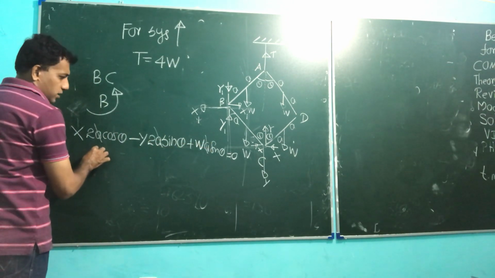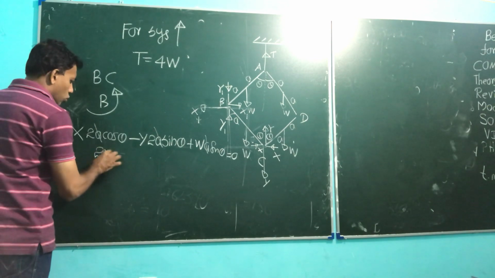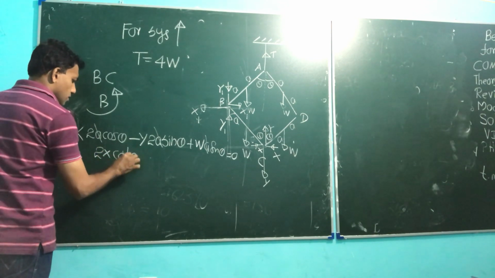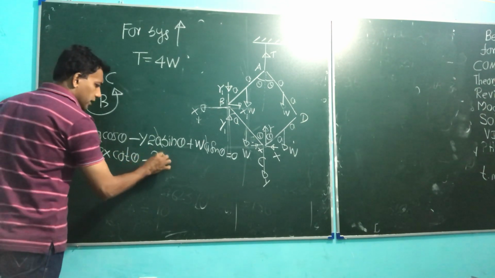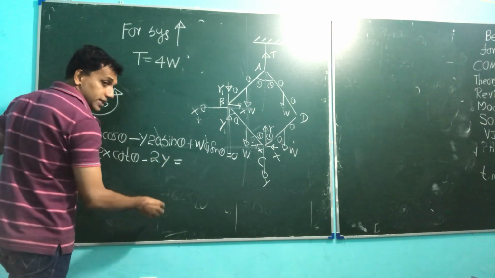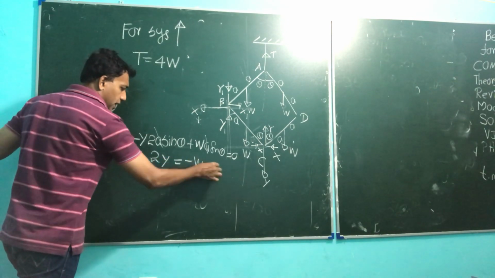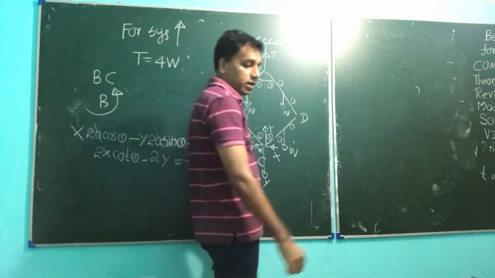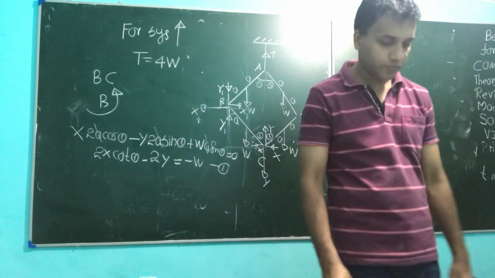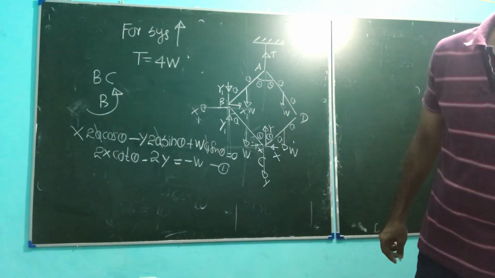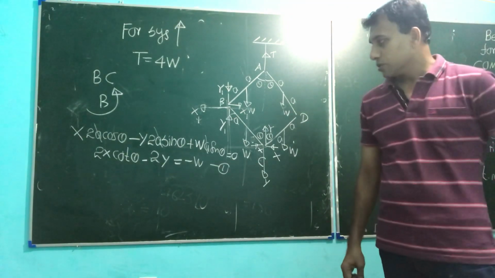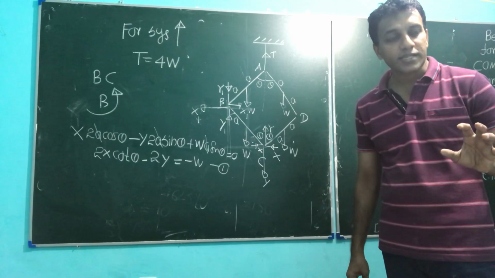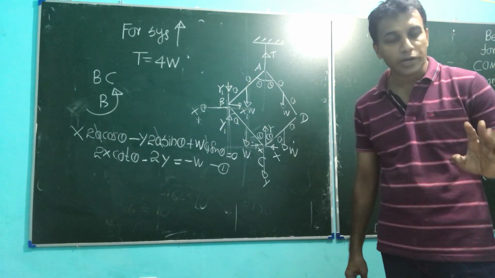So what is that? 2x cot theta minus 2y. Can I take the W to the other side? Minus W. Say your first equation, right? First equation.